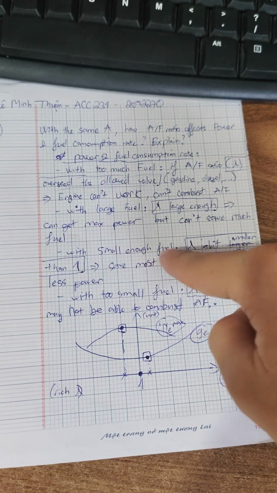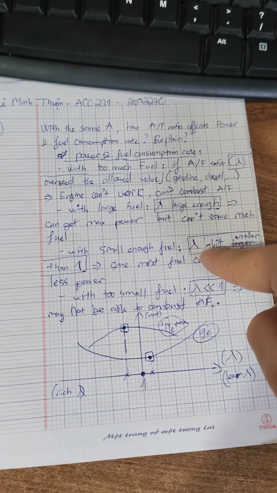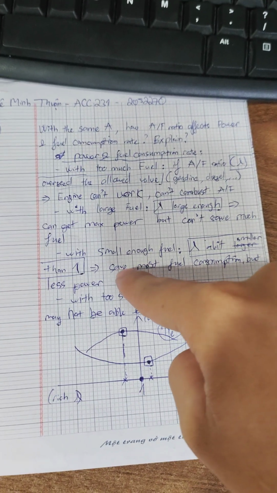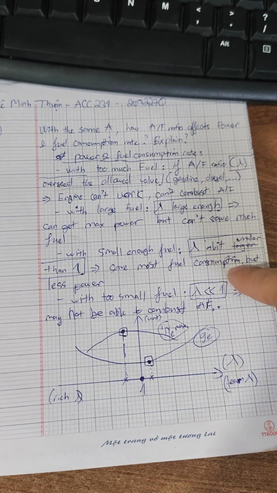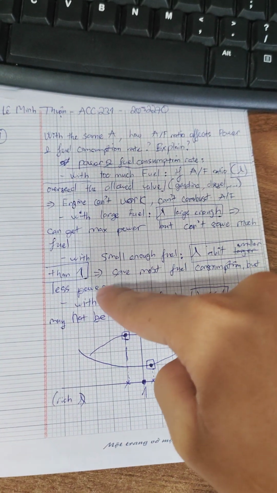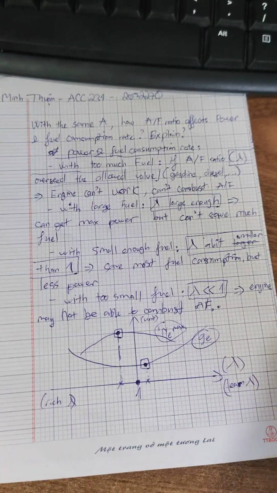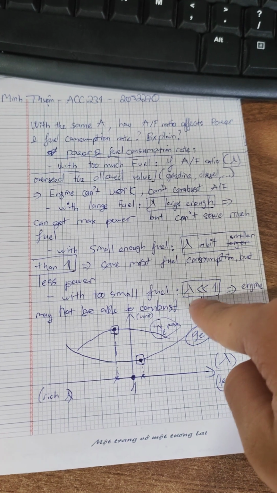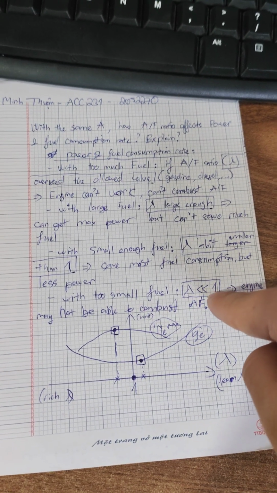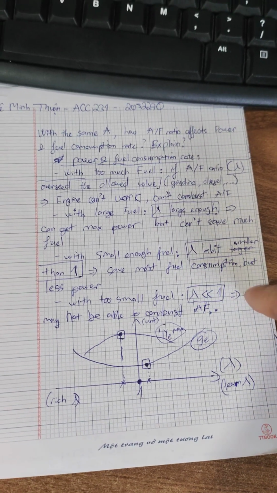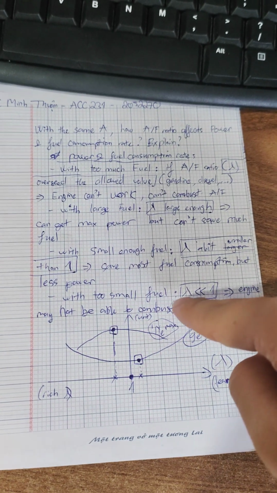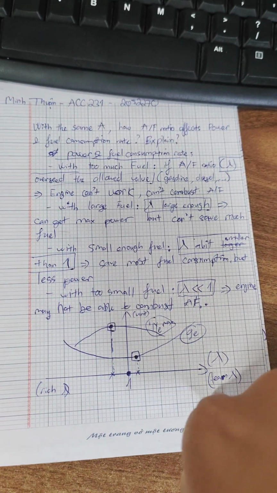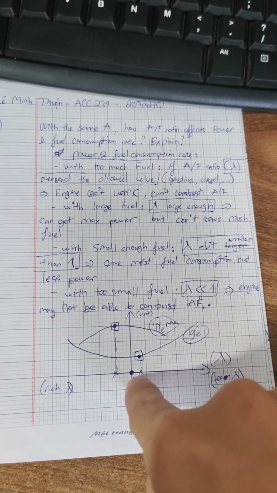With small enough fuel, or lambda a bit smaller than 1, you can save the most fuel but receive less power. With too small a fuel amount, or a lambda value much less than 1, the engine may not be able to combust the air-fuel mixture. So everything can be seen through this graph.